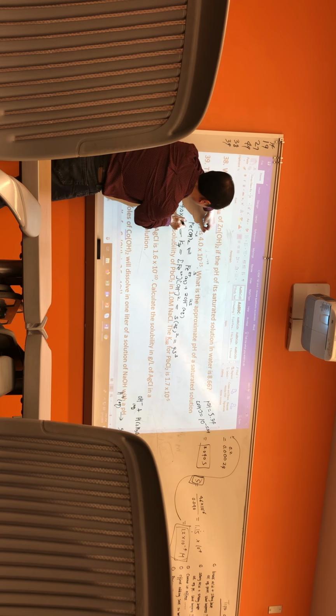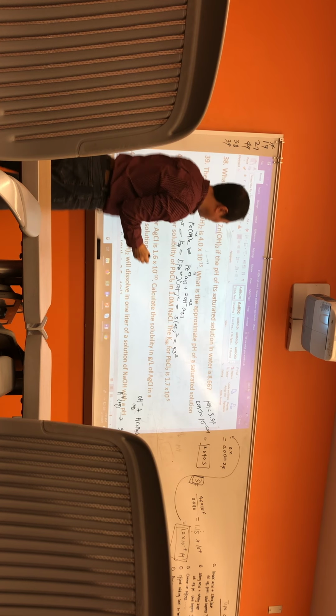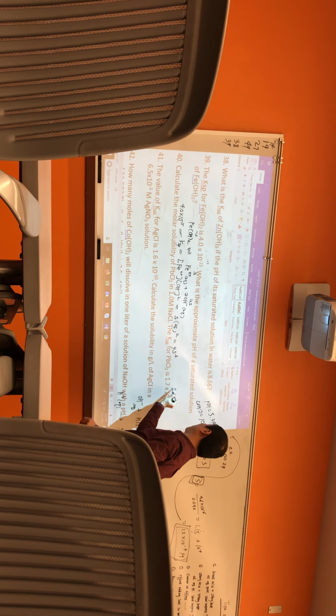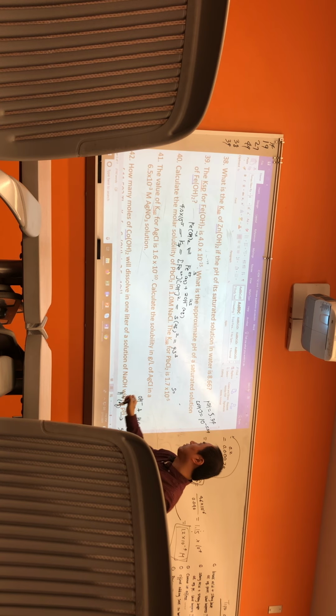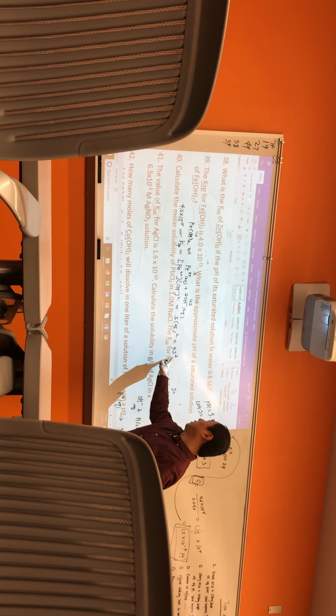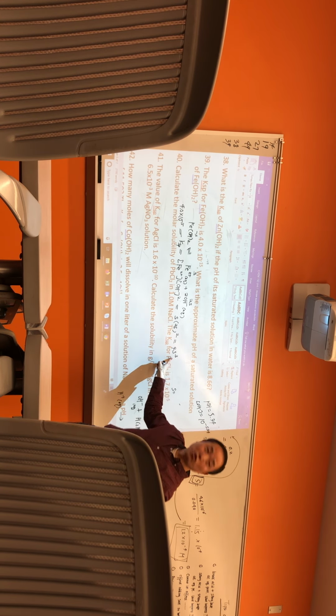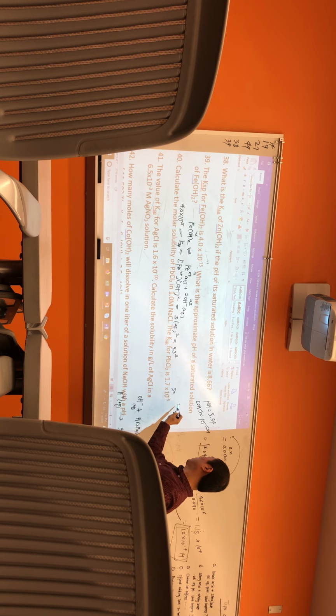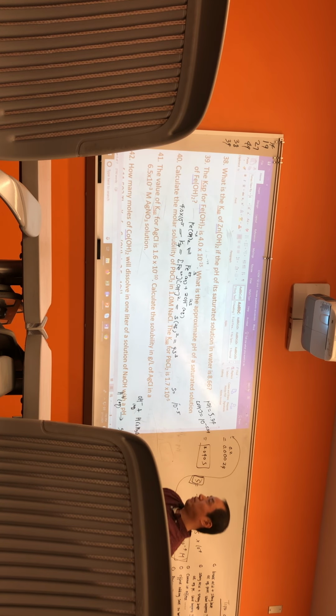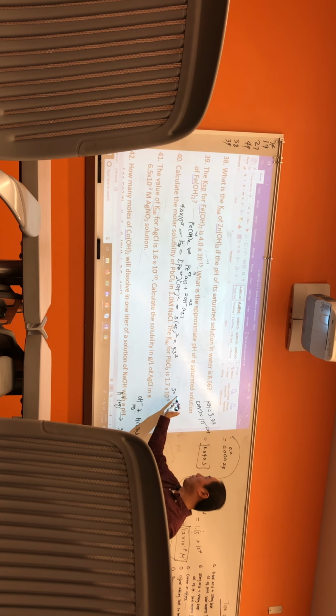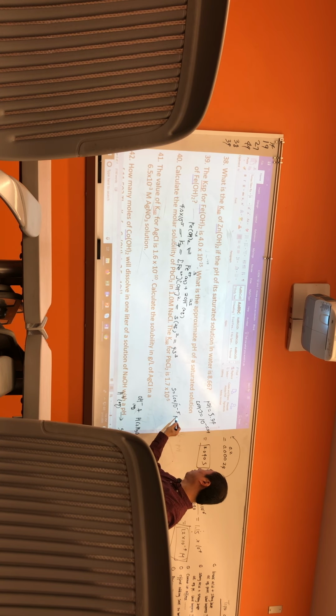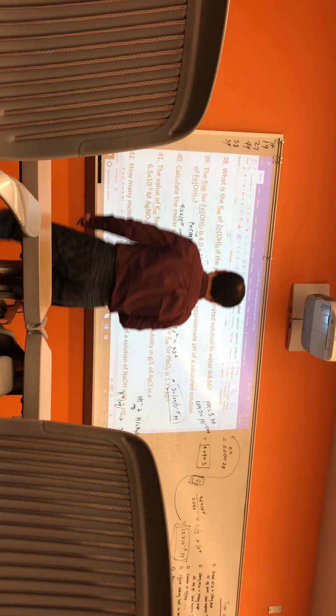4.0 times 10 to the minus 15. So the S value will be that divided by 4. Okay, that will be 1. And then take the cube root. So that will be 10 to the minus 5, 1.0 times 10 to the minus 5 molarity. Now S is what?